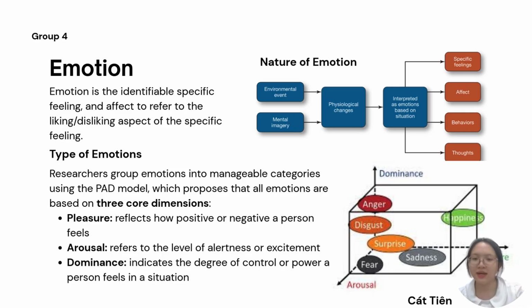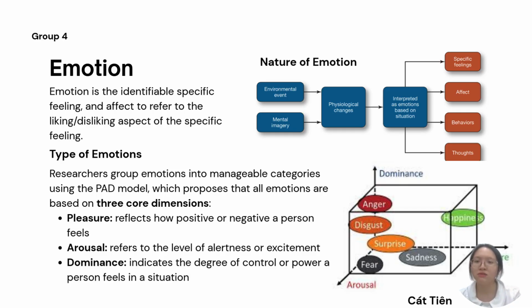Emotion can be triggered by external events such as advertisements or products, or by internal processes like mental imagery. These triggers cause psychological changes, which are then interpreted based on the situation, leading to feelings, affect, thoughts, and behaviors.